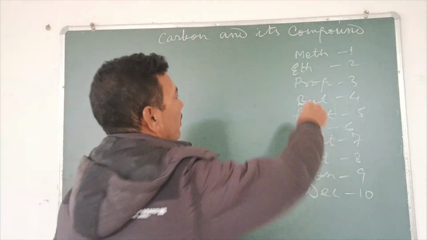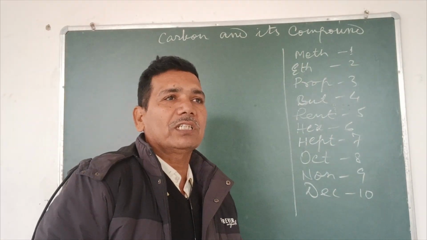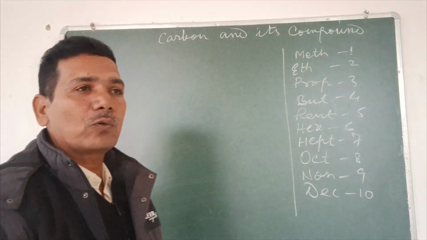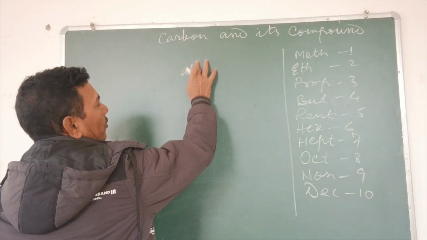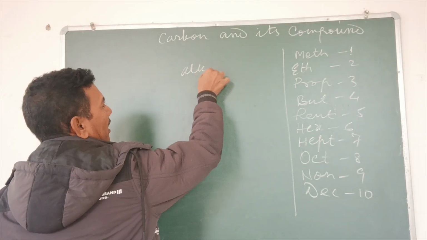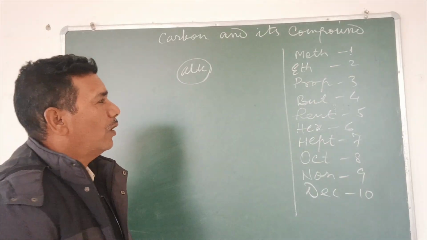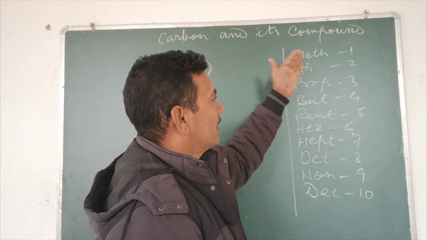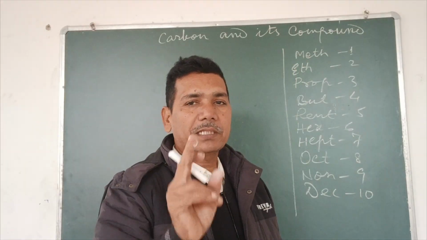So students, we will categorize the organic compounds in different groups, and in the nomenclature of each group we will find "alk". Alk will be replaced by the number of carbon atoms. For one carbon atom, alk will be replaced by meth.